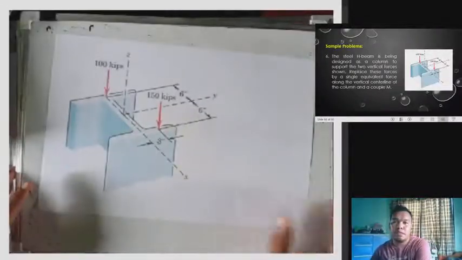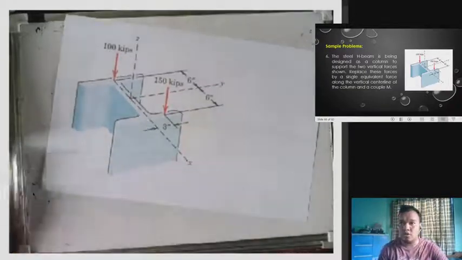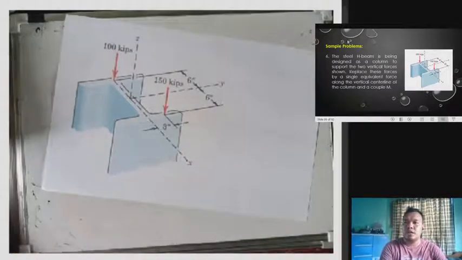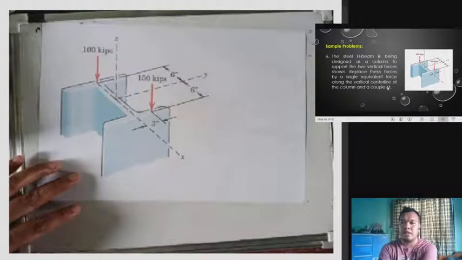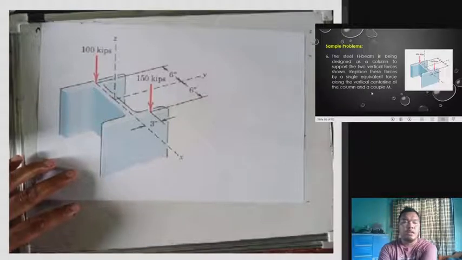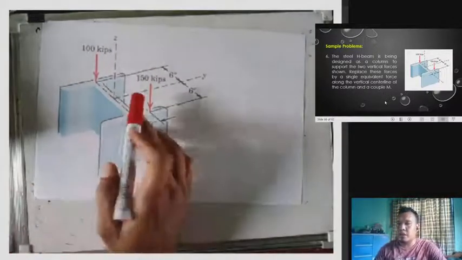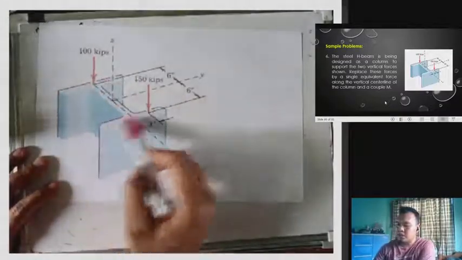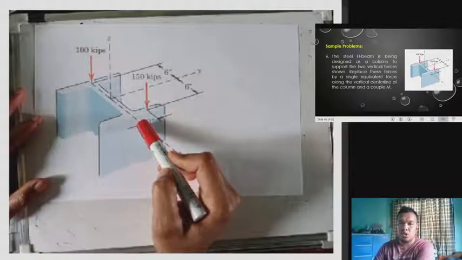Okay, so we have here the steel H-beam is being designed as a column to support the two vertical forces shown. Replace these forces by a single equivalent force along the vertical center line of the column and a couple moment. So we have here this H or I-beam which will be used as a column.